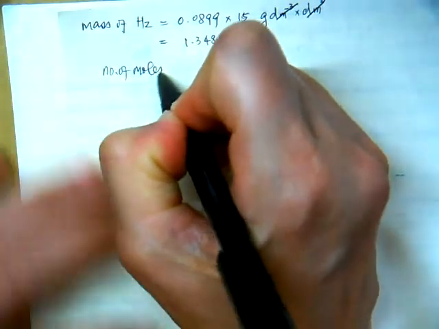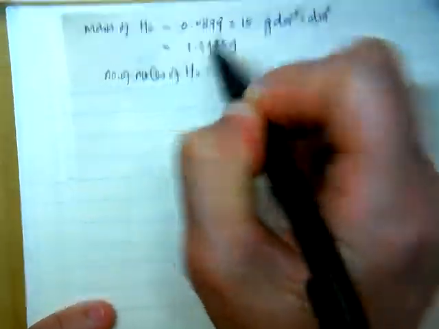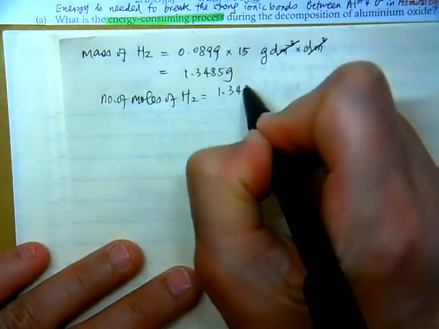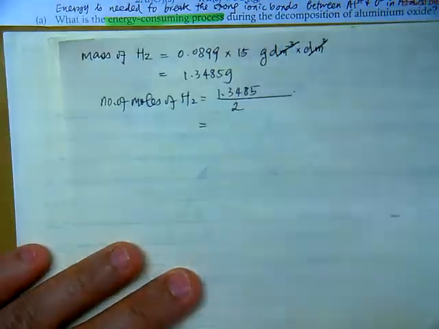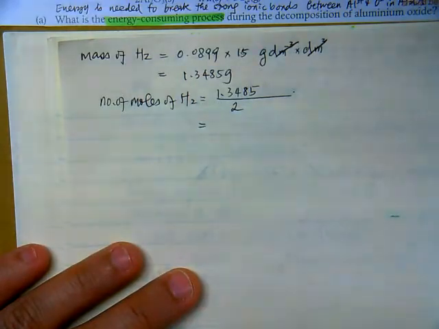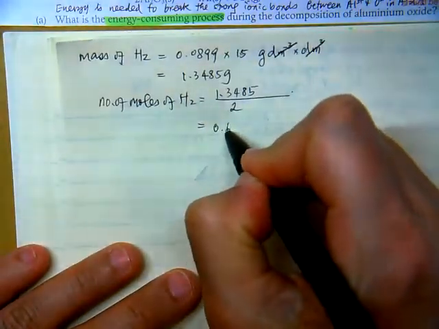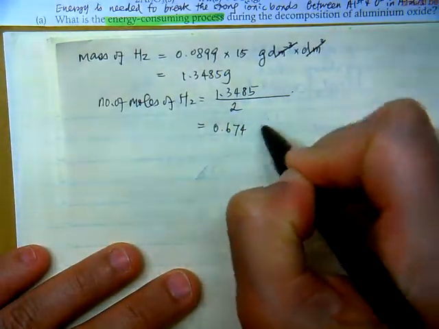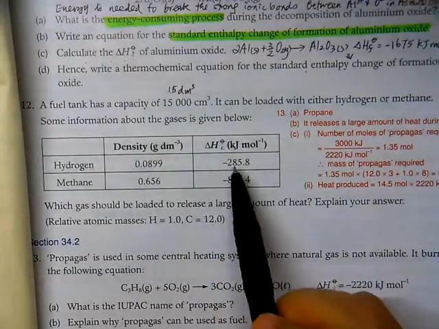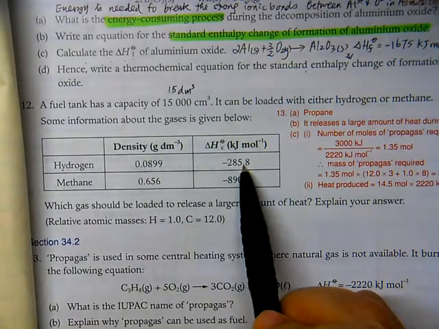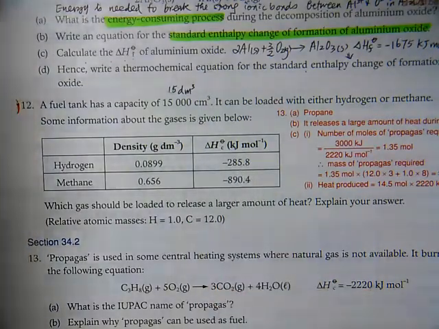Number of moles of hydrogen is equal to the mass of hydrogen over molar mass of hydrogen. Okay? 0.674 mole. Next, refer to this value, you can calculate the amount of energy released.